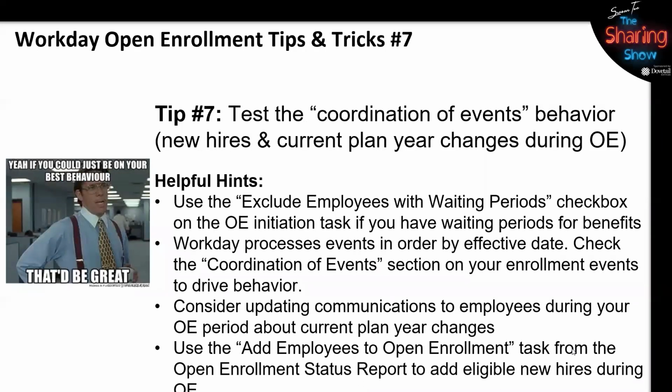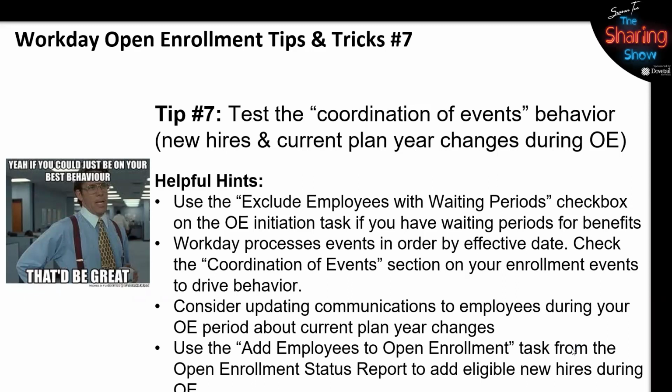When you are launching open enrollment, you may want to use the exclude employees with waiting periods checkbox on that open enrollment initiation task if you have waiting periods for benefits. If you have, say, a 90-day waiting period, you may not want to include those employees that start in November in an open enrollment that's happening during that same time, because it would not necessarily be relevant for them. That's a way to exclude those folks.